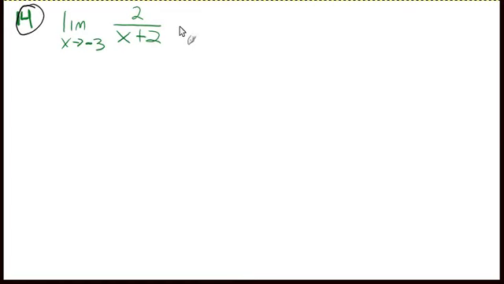Like I said, we're really setting ourselves up so that we can take this number that it's approaching and put it into what I like to call a nice function. Just directly substitute it, and if everything works out, then great. So let's try that. 2 over -3 plus 2, that's 2 over -1, and that's -2.